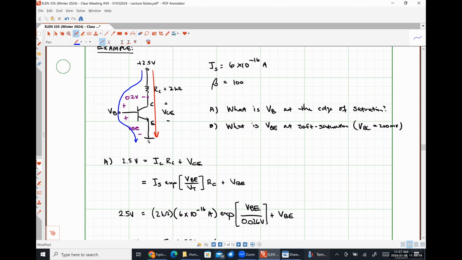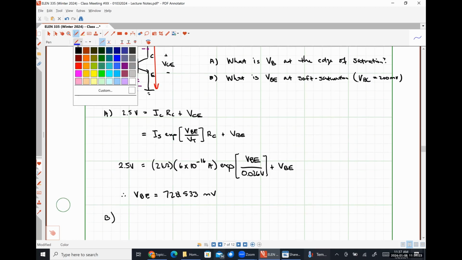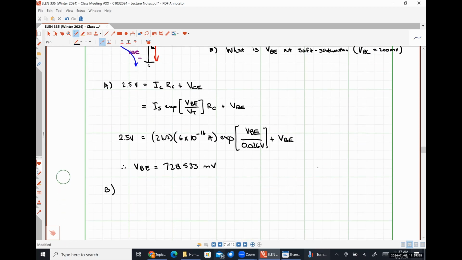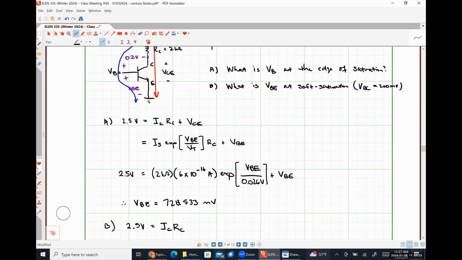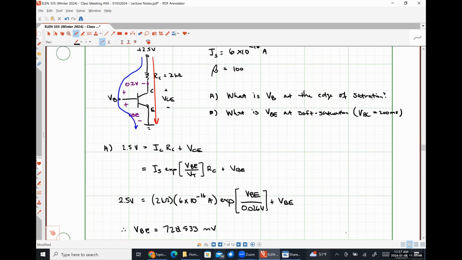So we're going to have 2.5 volts is equal to ICRC minus VBC plus VBE, based on our polarities.